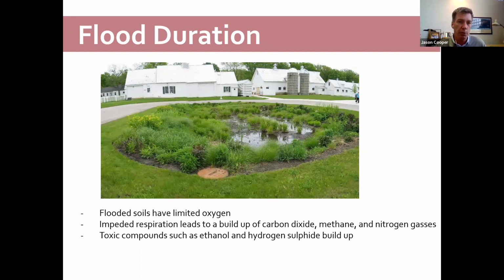So it's impeded respiration that damages the plants if they're inundated with water for too long. Wetland plants obviously have the ability to endure and tolerate that level of flood duration, but knowing how long the water is going to be in the system is important.